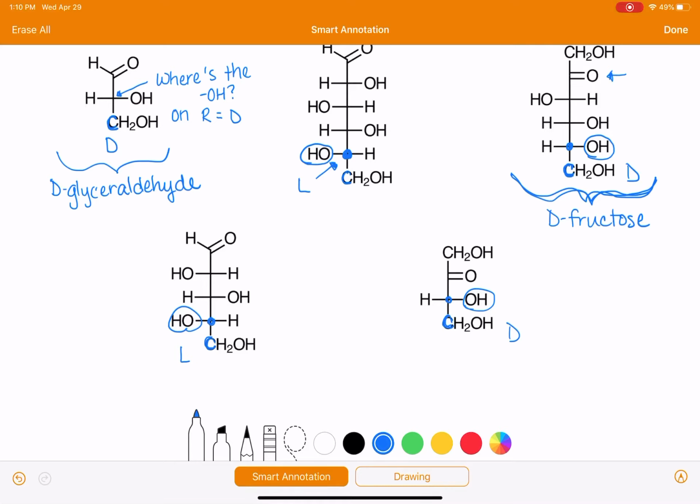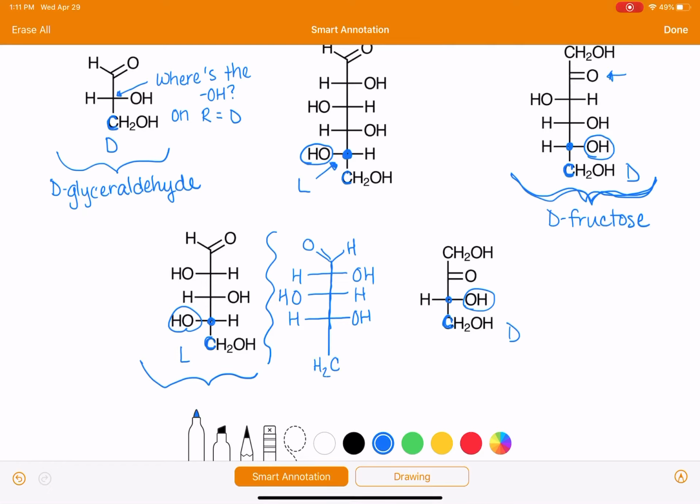If we are drawing the enantiomer for this guy right here, the easiest way to do it is to just straight up draw the mirror image. So imagine that the mirror is right here and just draw everything mirrored. You can even go this far, CH2OH, see, I've reversed the whole thing.